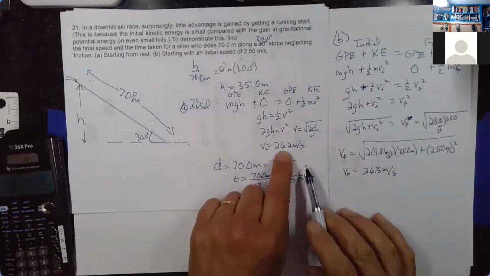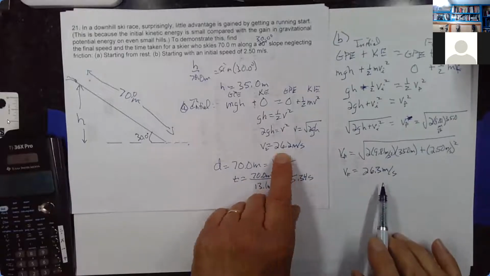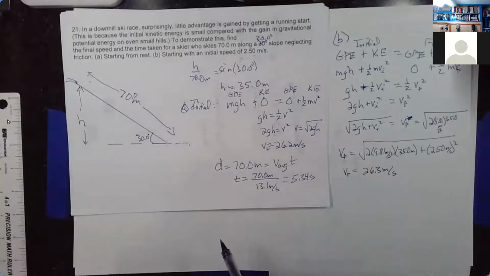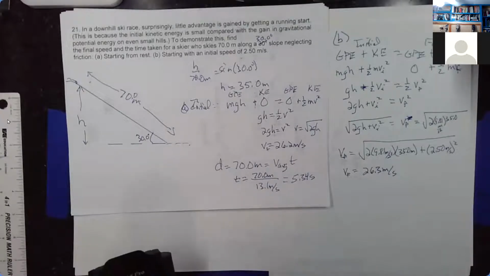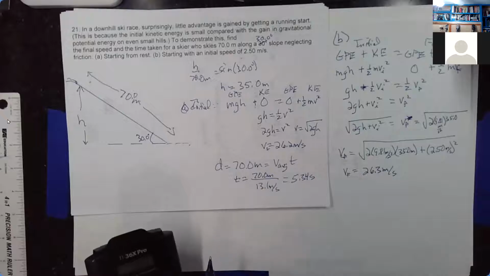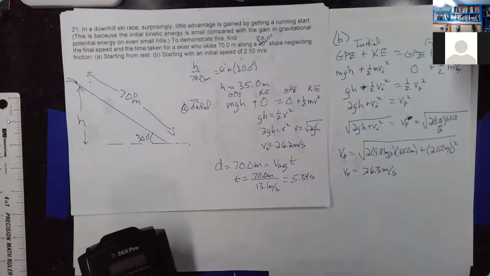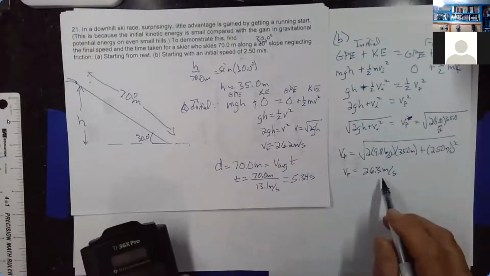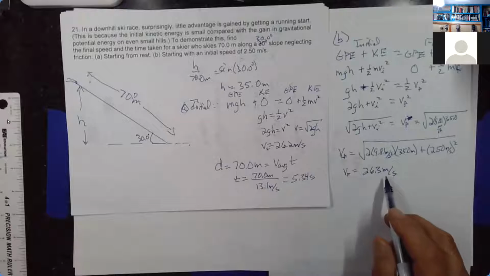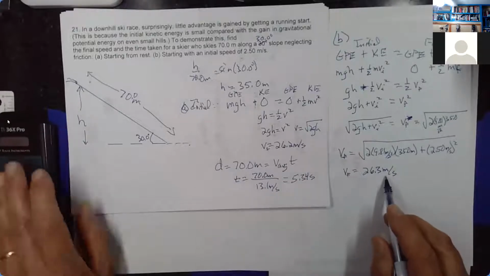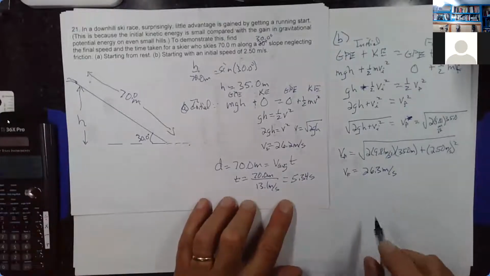I had 26.2 the first time. Where is it? Yeah, I had 26.20. This time I get 26.32. So really it's just 1/10 of a meter per second difference as far as the speed.